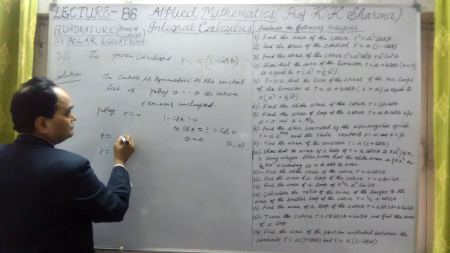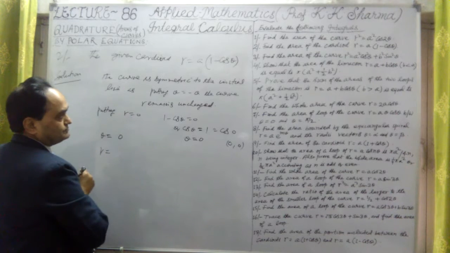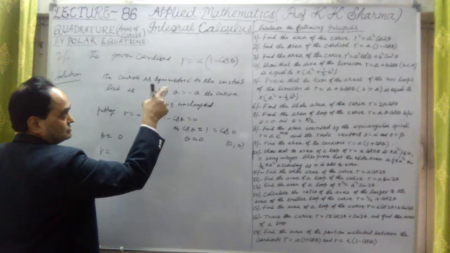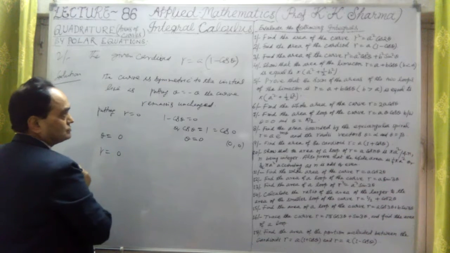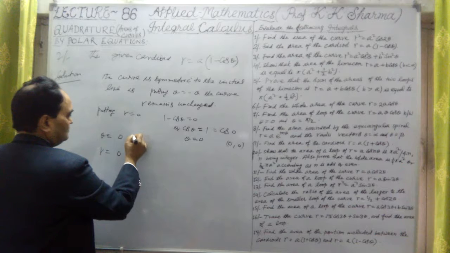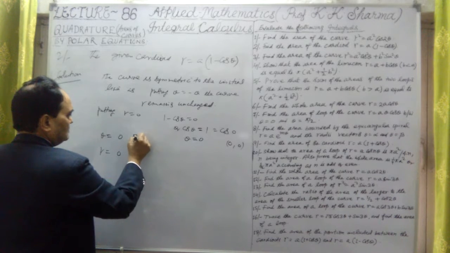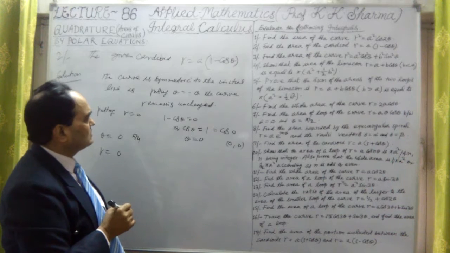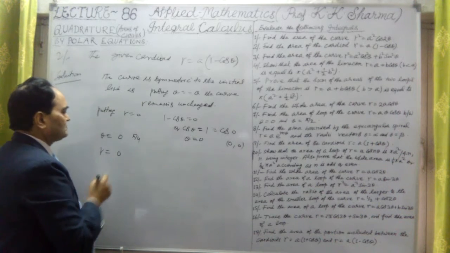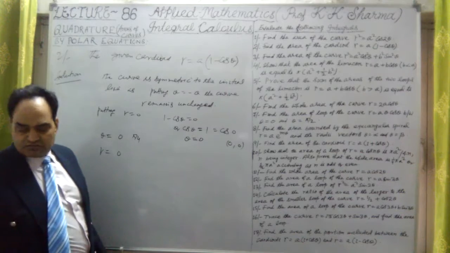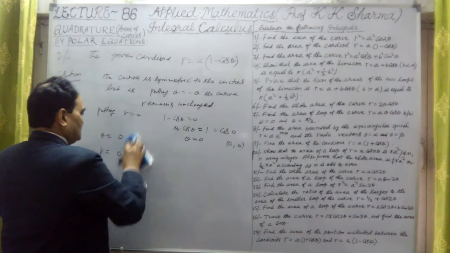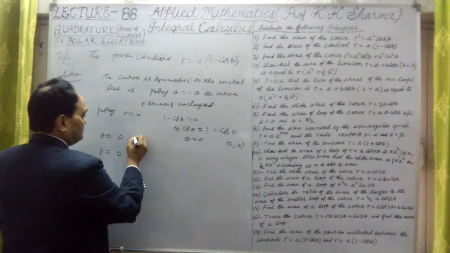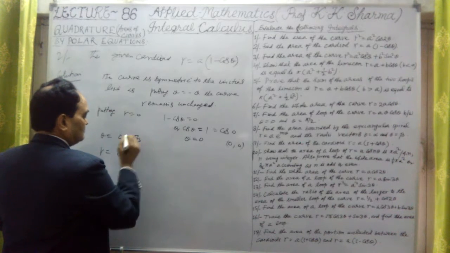If I substitute theta 0, this is 1 minus 1, so r is also 0. Let me take pi by 3, a difference of 60 degrees.